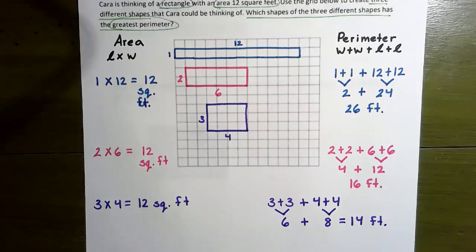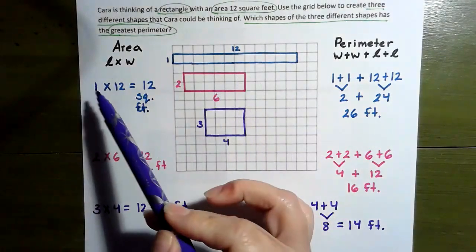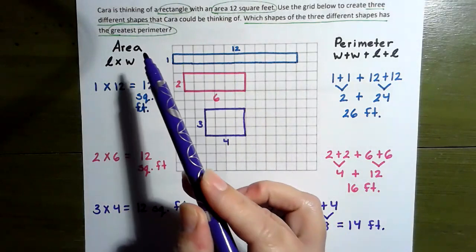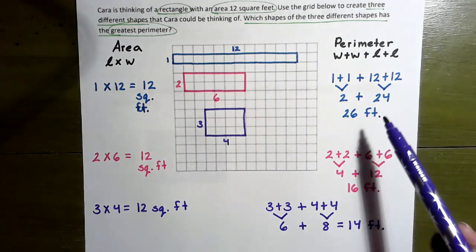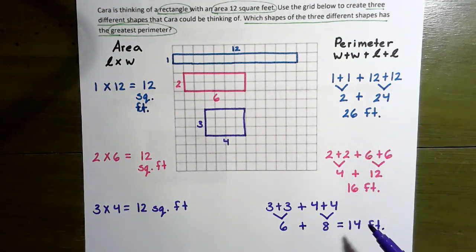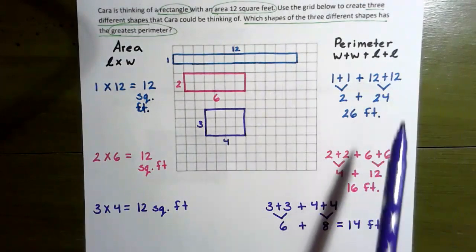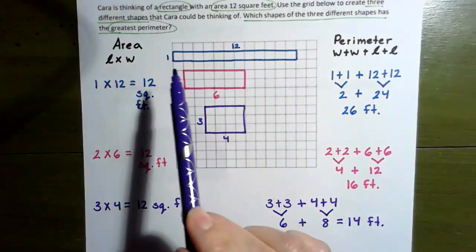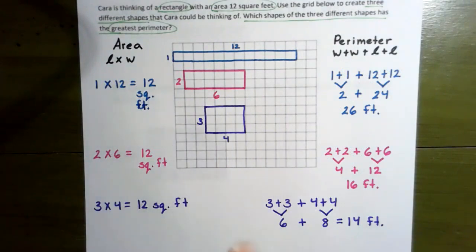So we created 3 rectangles that have an area of 12. Same area. But they have different perimeters. In our last lesson, we had rectangles that had the same perimeter, or the total distance around, but had different areas. Today, we're switching that up.